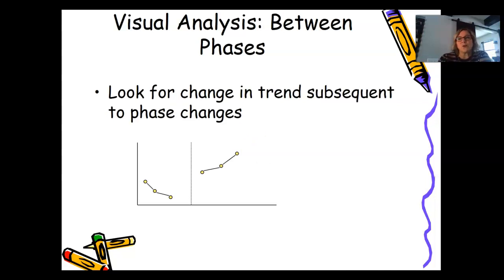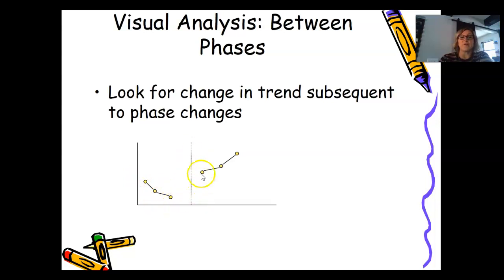You're also going to look for changes in the trend. So do we see any differences in trend from baseline to intervention? If we look at this baseline, we see that we have a decreasing trend in the behavior. Let's say it's correct responses. Students are actually answering fewer problems correctly with each subsequent session.